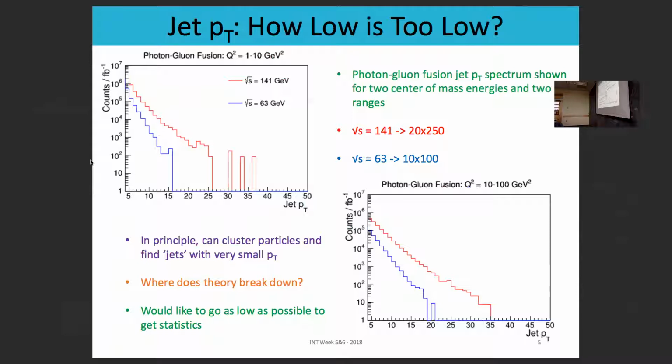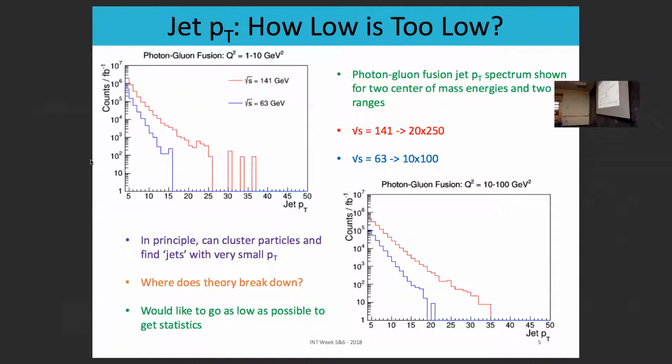And we can see here that these are very soft spectra. This is the jet pT. They start to peter out around 30, 35 GeV. We can't expect pTs much greater than that. And we're not talking about a huge number of jets to see.